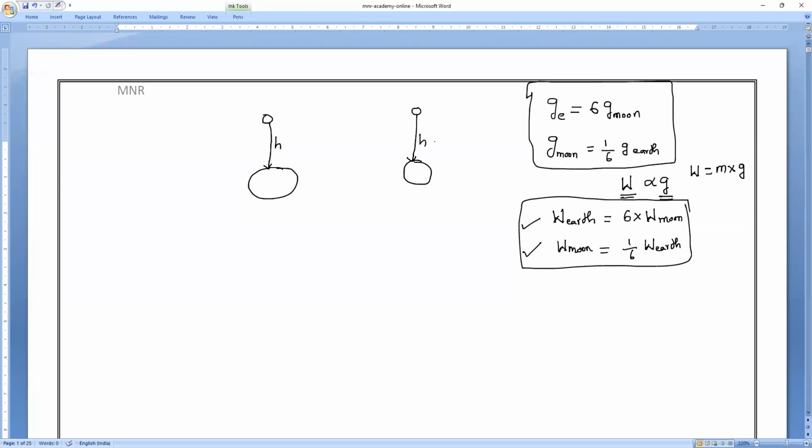Now my question to you all is, what about the time period? If it is falling from the same height h, is the time the same in both cases? Let me take T1 and T2. Does the time period remain equal or unequal?